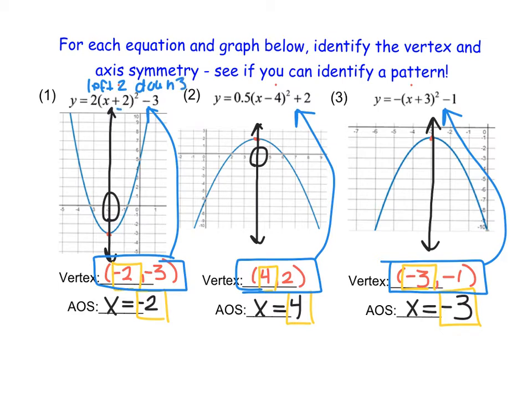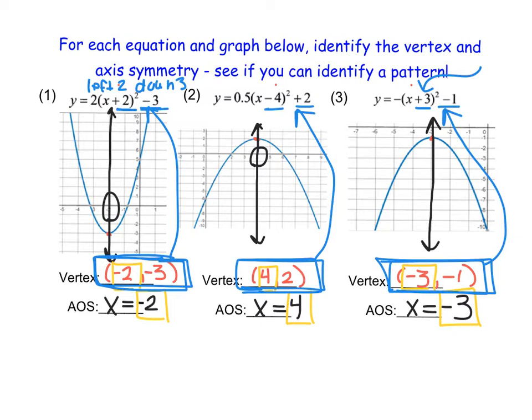Well, if you look carefully, it's the opposite of our h value and our k value that make up our vertex. -2, -3. +4, +2. -3, -1. So it's the opposite of what's inside of the parentheses here with x, and then the k value on the outside.